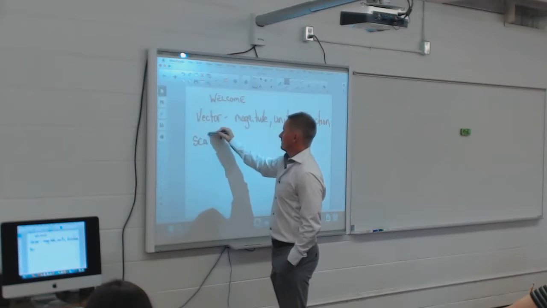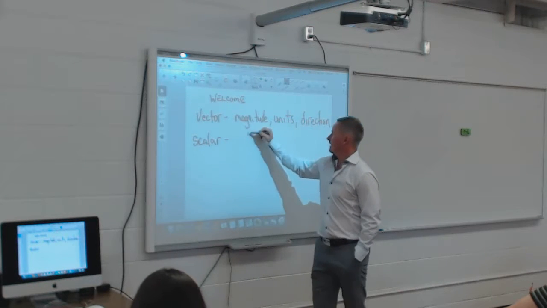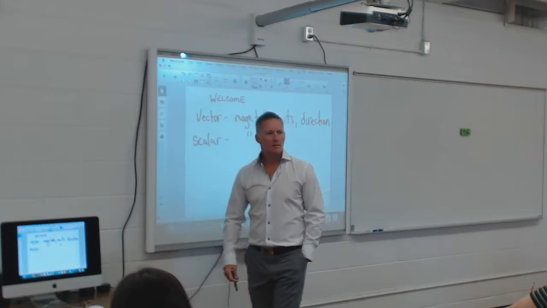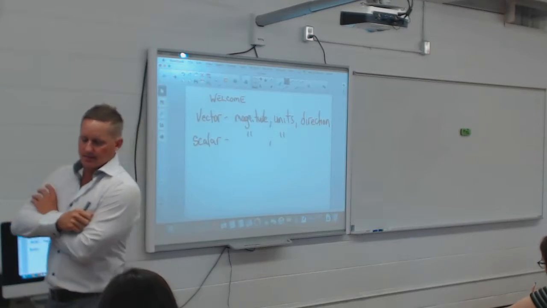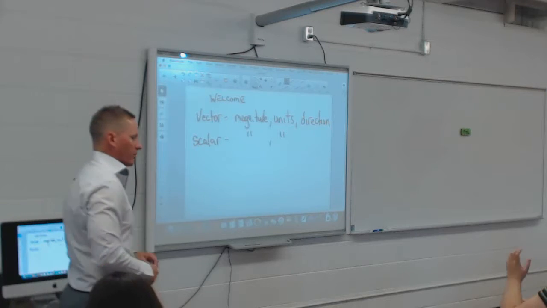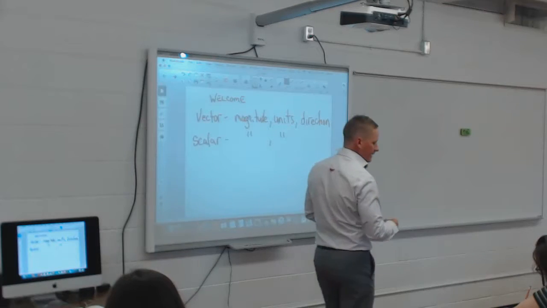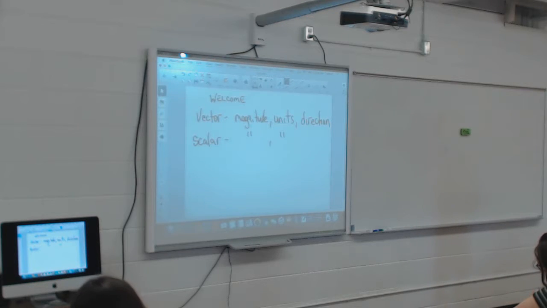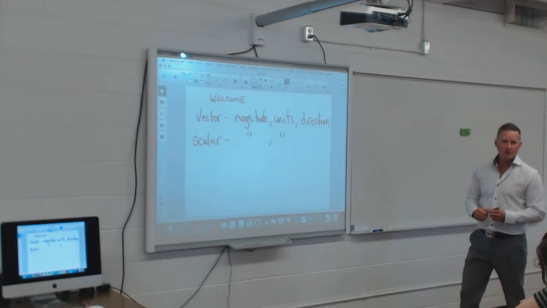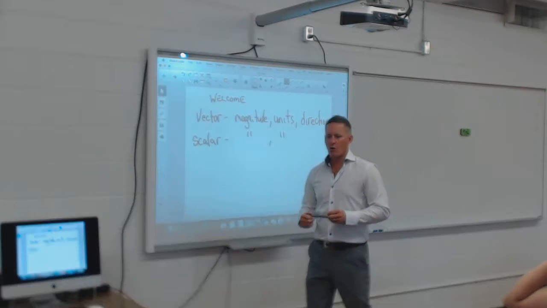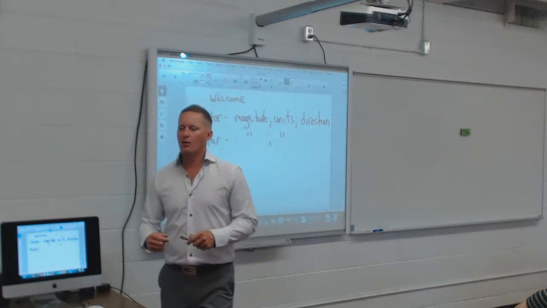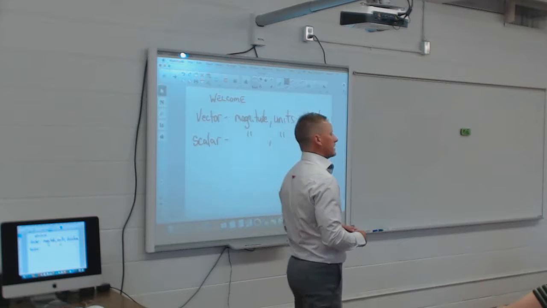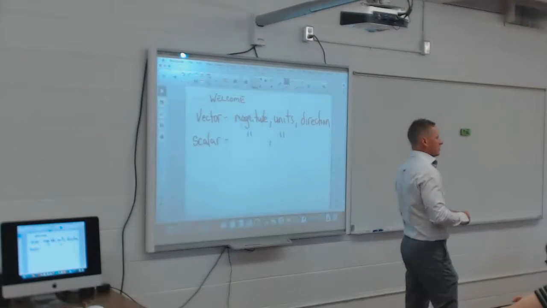Whereas a scalar has your magnitude and your units, but no direction. Now, that becomes important to us when we start talking about velocity, displacement, speed, and distance. For the most part, we are going to focus our study on vector quantities. Direction is going to be important to us.